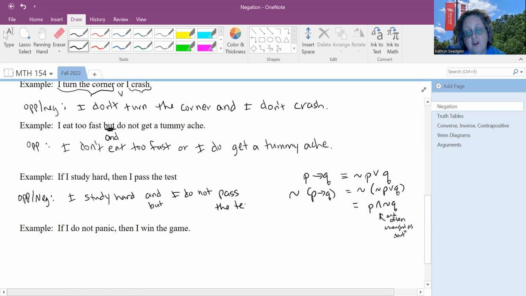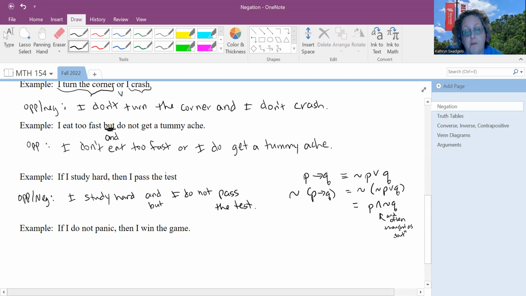Now you kind of see why I might put the word but there instead of and. I study hard and I do not pass the test. That's the opposite. Another way of saying it: if you study hard, then you pass the test. I did study hard, but I did not pass the test. That's the opposite.